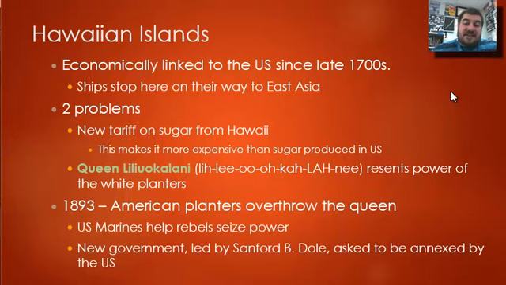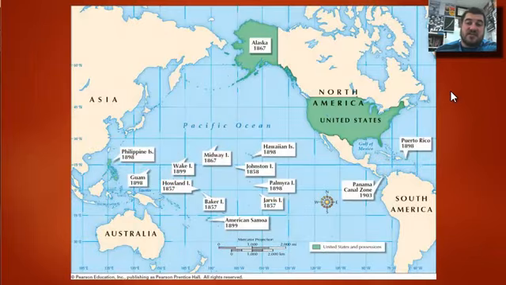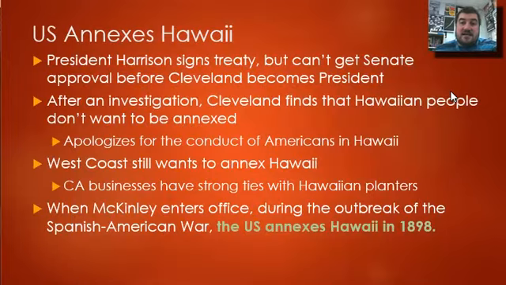So this new government asked to be annexed by the United States, which means they want to become a state or a territory. And here's a picture of all of the Western Pacific and Southern Pacific expansion that the United States has done. President Benjamin Harrison signs the annexation treaty, but they can't get Senate approval before Grover Cleveland becomes president again.